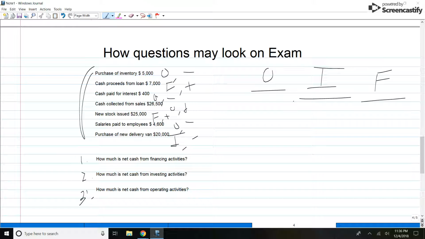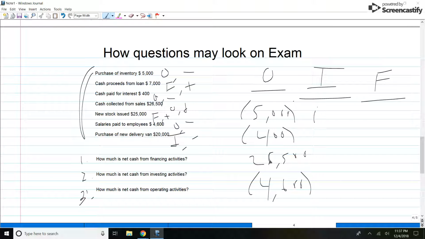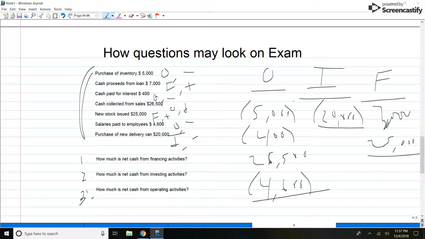Then you just put the amounts in here, or you can do that while you're classifying, whatever works. Hopefully this makes sense. I'm just filling out what I did and putting in the corresponding amounts. This is 25,000. Then you total those.